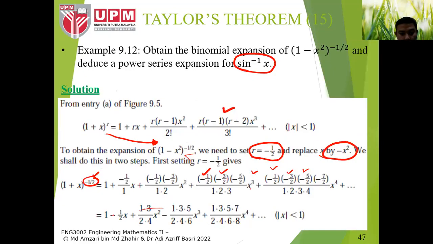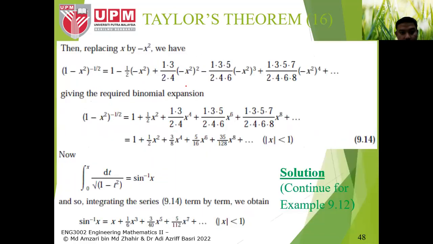The series is 1 minus 1/2 x plus this one. So the moment you have already solved for r, then we change x to negative x squared. So instead of x, it becomes negative x squared, negative x squared to the power of 2, negative x squared to the power of 3, and negative x squared to the power of 4.